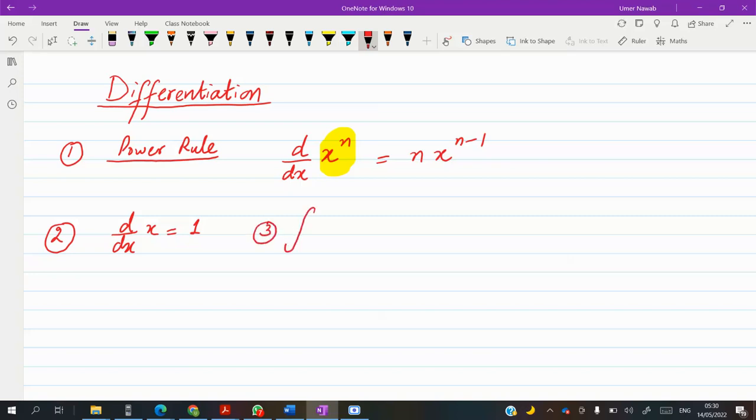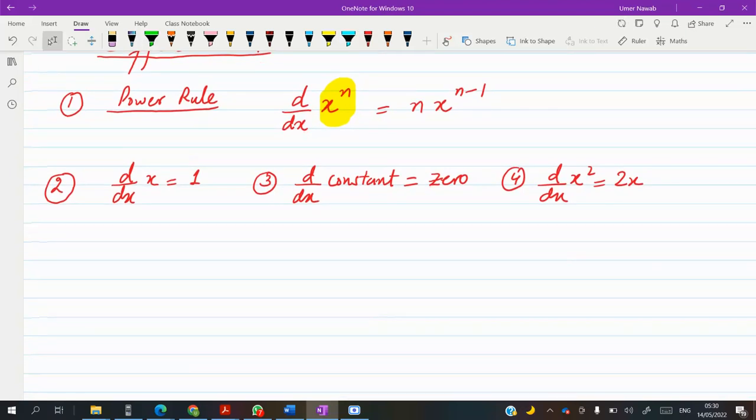The differentiation of, sorry, the differentiation of a constant is 0, and the differentiation of x square is 2x. So as you see, differentiation of a constant is 0, differentiation of x square is 2x. In the same way, you can apply the rule of differentiation.